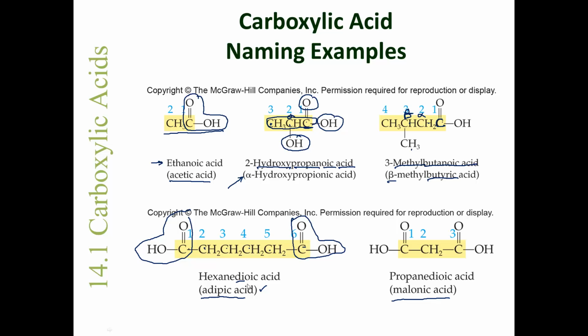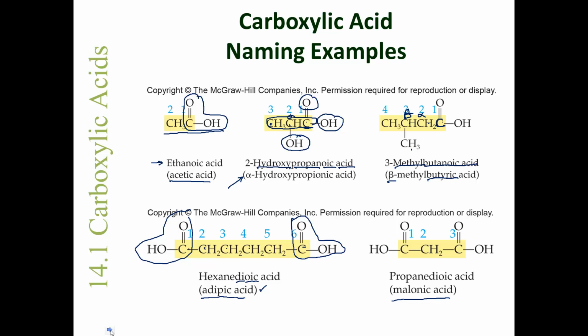It's a dicarboxyl group, so dioic acid, and it's 6 carbons long, so hexane dioic acid. You can figure that out. That's what I like about IUPAC. You can figure it out, and if you don't know the common name, it's where you get stuck. I really like IUPAC, but I know the common name is still very important.